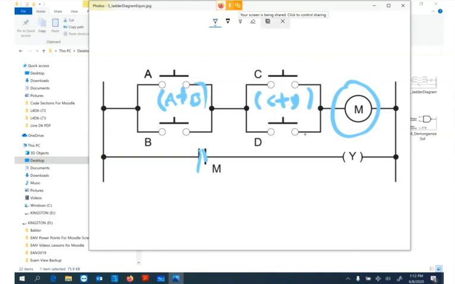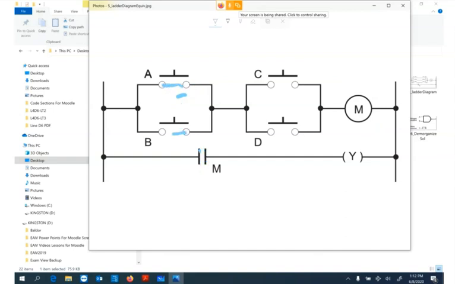So we could make A true, but we'd need D true or C true in order to turn our light on. Now we could have these both closed and our light still isn't on because we didn't energize our coil. We need to energize that coil to close that contact.